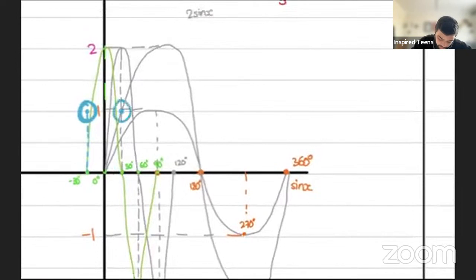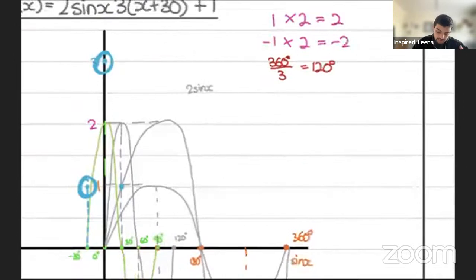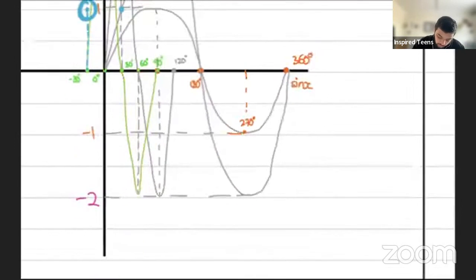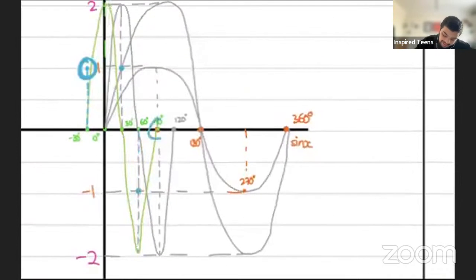It's going to be somewhere there. Okay, that's going to be an x-intercept. And we go all the way down. We had this 60 and -2. 60 and -2 is now going to be 60 and -1. Okay, then we had 90 and 0. It's no longer going to be 90 and 0. It's now going to be 90 and 1. It's going to shift 1 unit up as well.